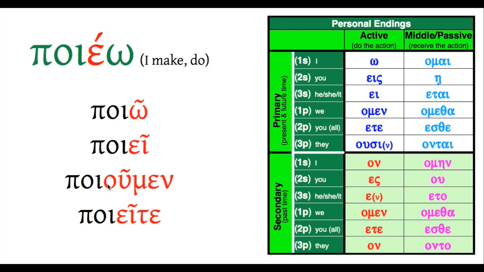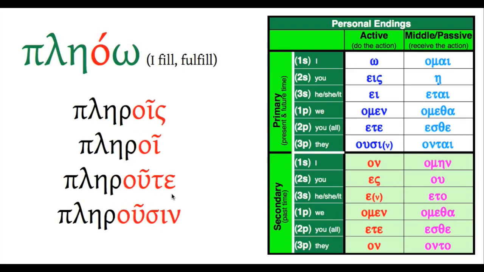How about this? Poi-umen. Obviously, first person plural. We do. And poi-eta is the contract here of eta plus the epsilon becomes poi-eta. You, y'all do. Here is the verb pleirao, which means I fill or fulfill with the primary active endings attached.